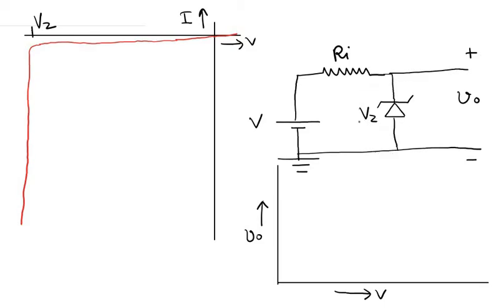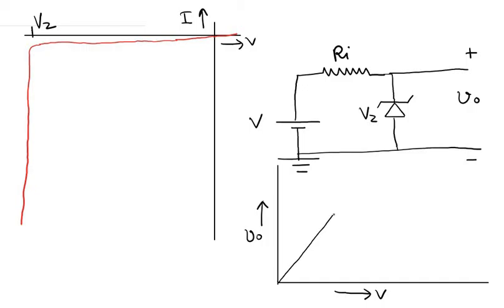If no current flows, there is no voltage drop across this resistor Ri, so the entire input voltage appears across this Zener diode. So the output increases at the same rate as the input, linearly, with a 45-degree slope.